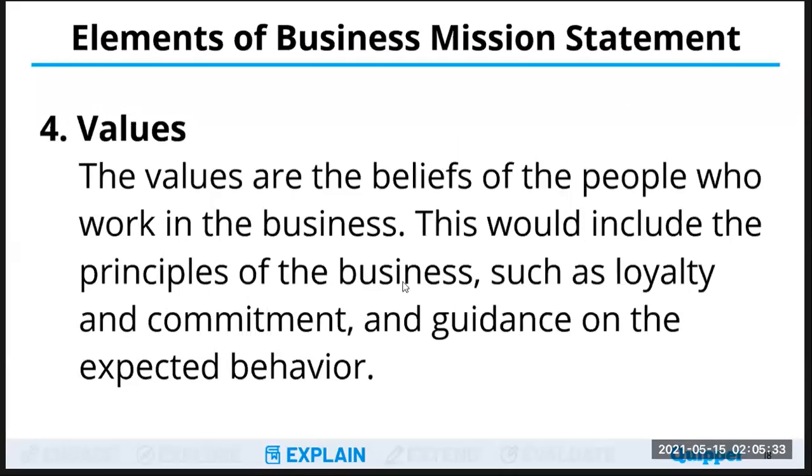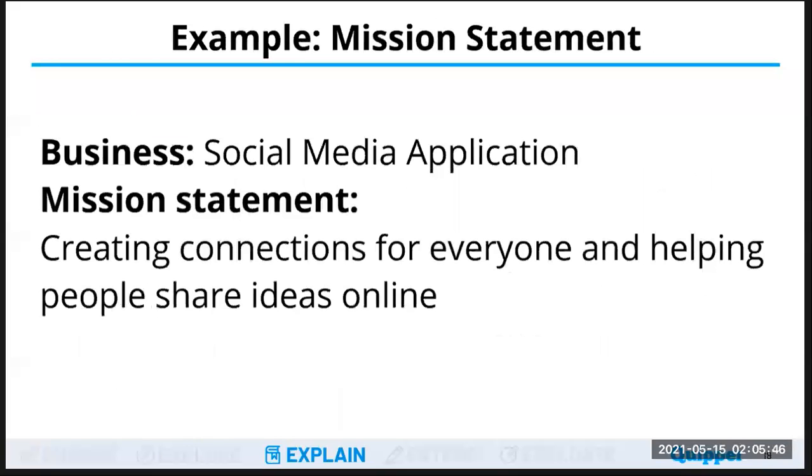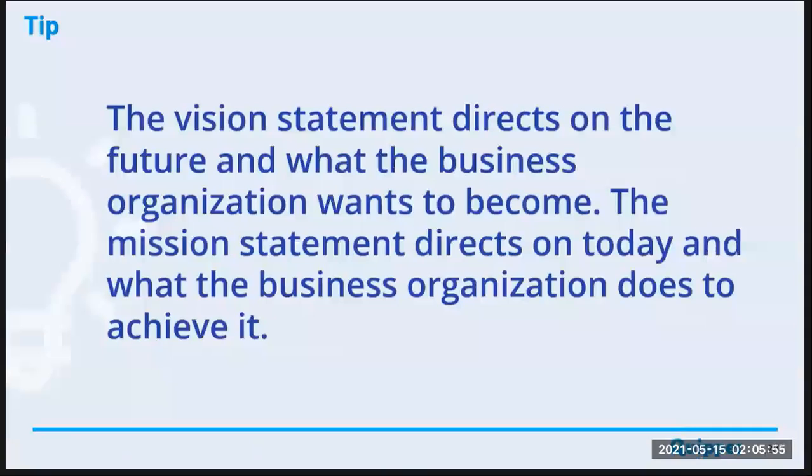Values, beliefs of the people who work in the business. This would include the principles of the business such as loyalty and commitment and guidance on expected behavior. For example, a social media application: creating connection for everyone and helping people share ideas online.